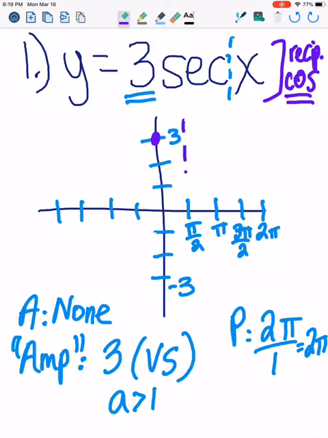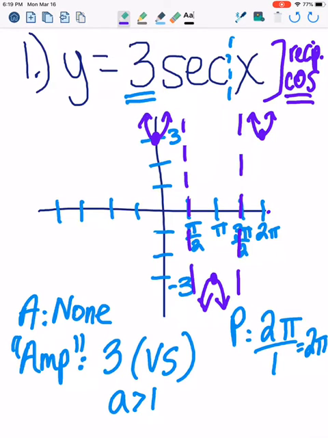Well, I have to do an asymptote first, and then it's going to go down, because anything that was on the midline is now an asymptote from cosine. And then it's another asymptote. Asymptotes every other place. And then I'm going to go up on the right. And then it's going to do the exact same thing on the other side.